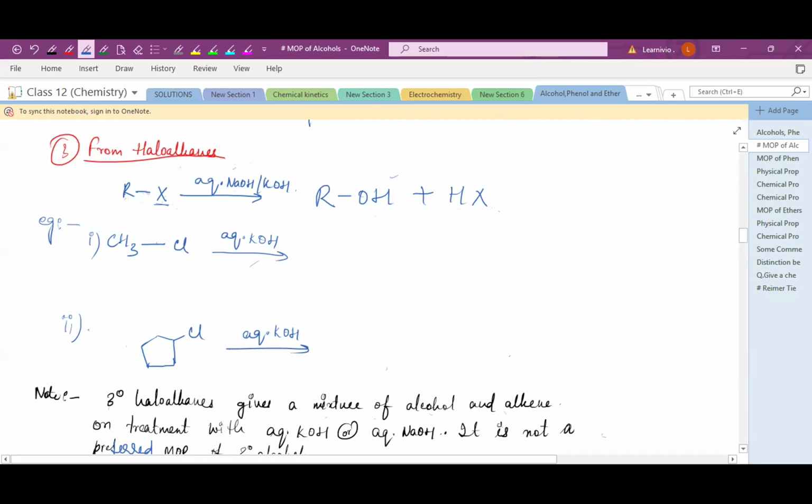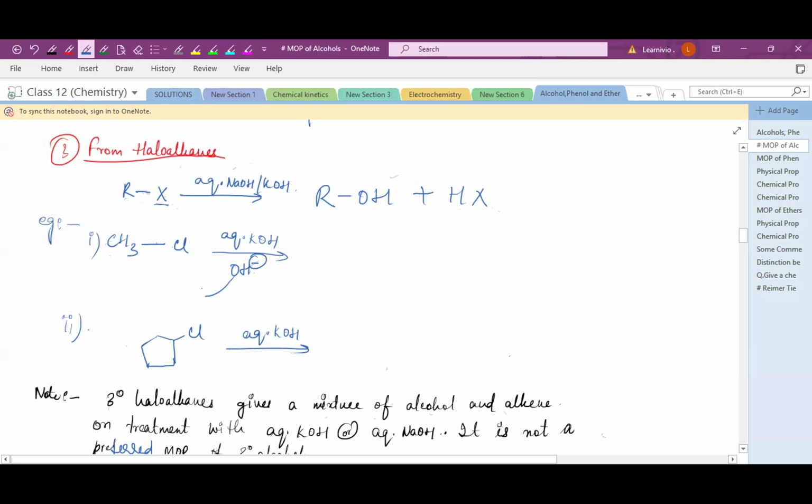So suppose we have CH3Cl and you are using aqueous potassium hydroxide. It will dissociate to form K plus and OH minus. The nucleophile here is OH minus. Between this carbon and chlorine, chlorine is electronegative, so it acquires a partial negative charge and the CH3 acquires a partial positive charge.